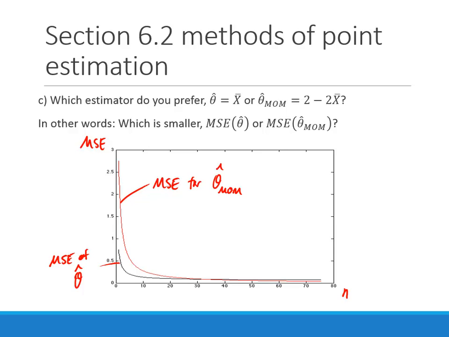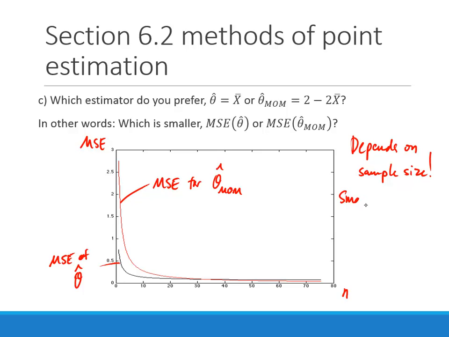If you were actually doing this estimate, you might want to wait and see what your sample size is. If you have a large sample size, then the method of moments estimate is going to be better. A smaller sample size might not be as good. So which one do we prefer? It depends on the sample size.